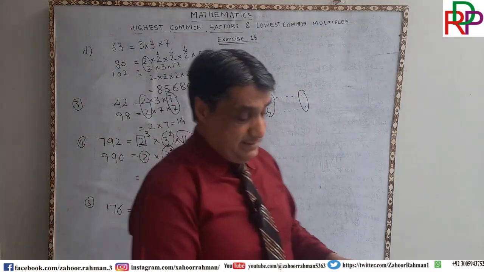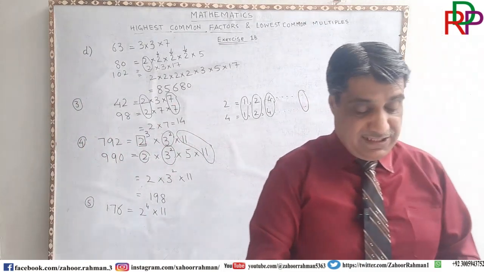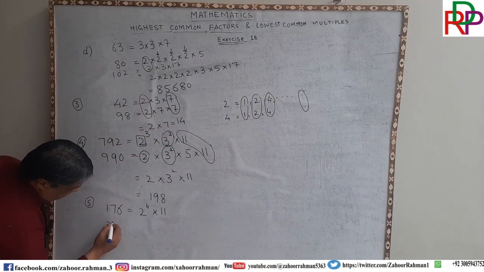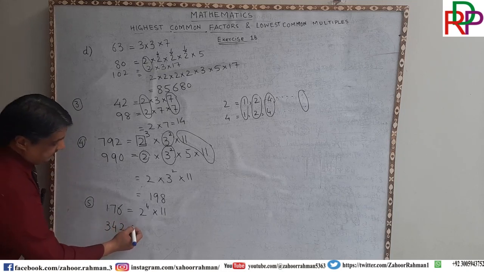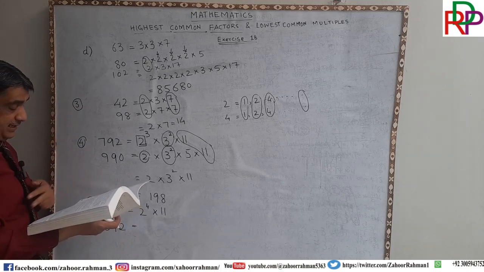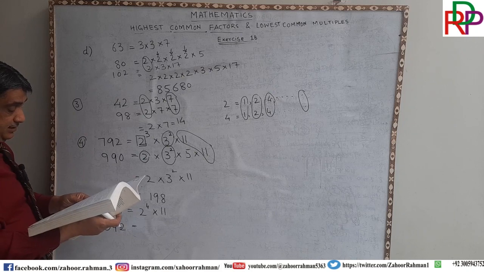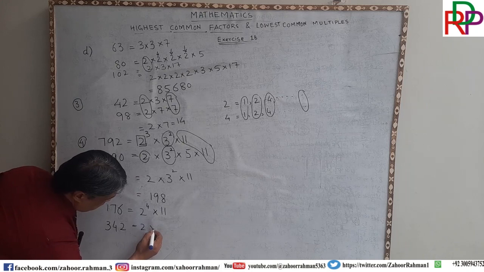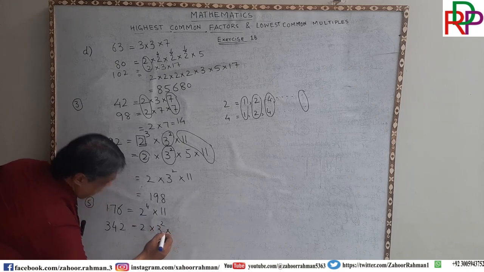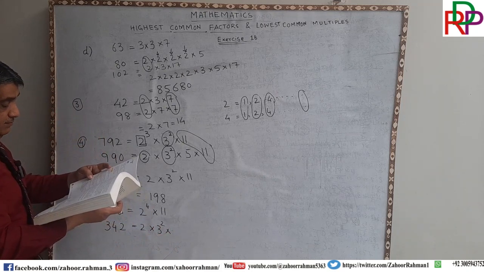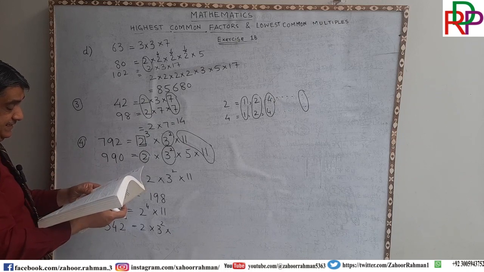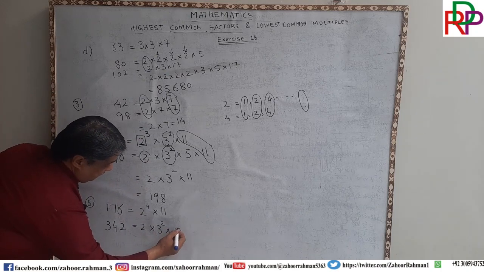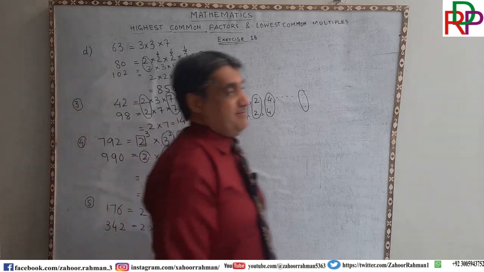And similarly, they have given us 342, and also the factorization: 2 into 3 raised to the power 2, and there is one more factor, that is 19. So we have to find the smallest, meaning the LCM, lowest.